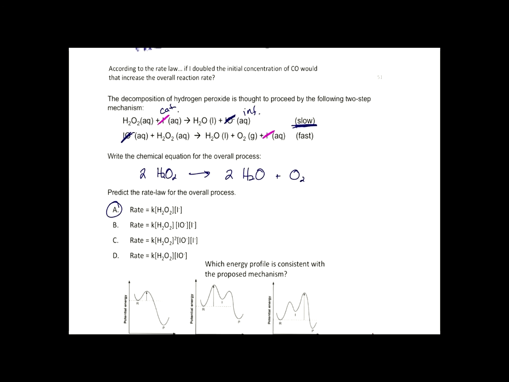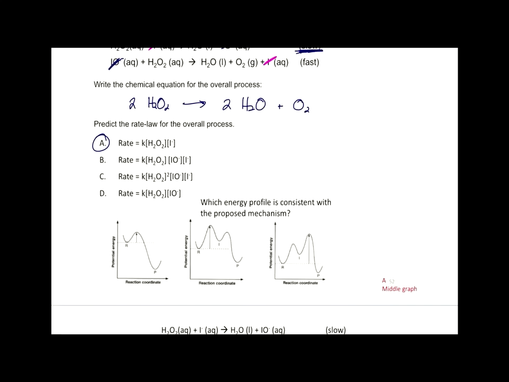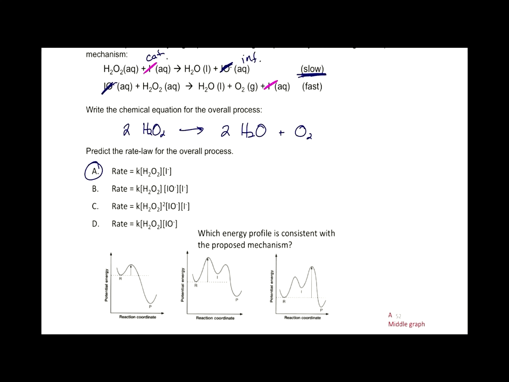So for this reaction, which graph would be consistent with this mechanism? The first one, second one, or the third one? Can it be the first one? No, what's wrong with that? That one's one step. Yeah, but I just gave you the mechanism. It's 2 steps. So which graph is it? It's the second one.